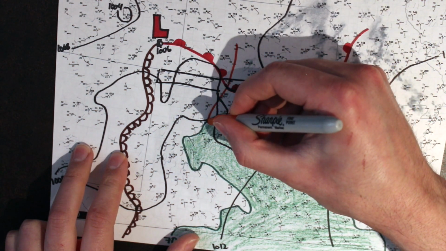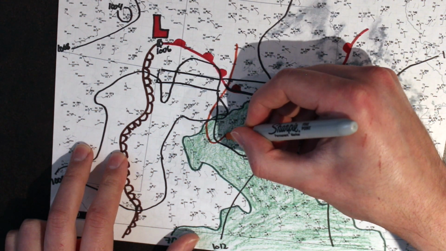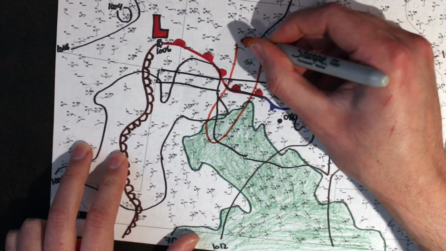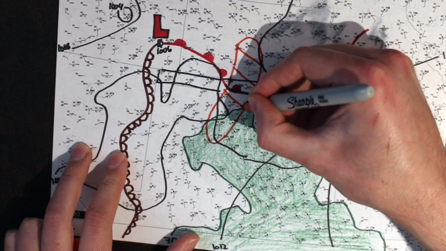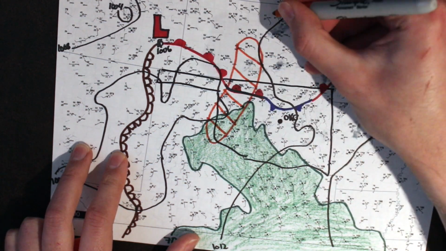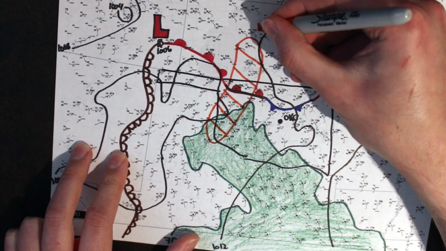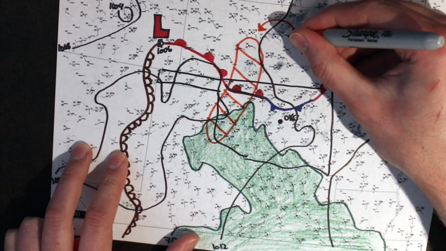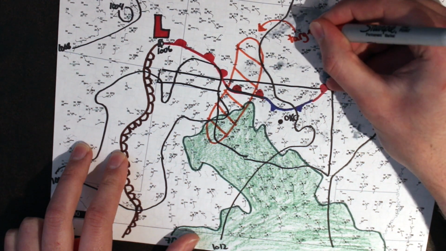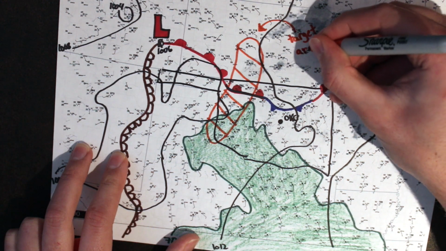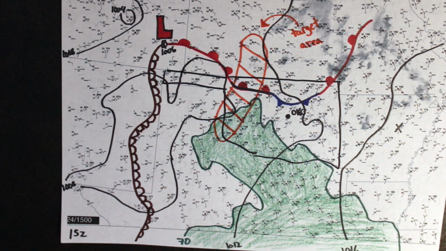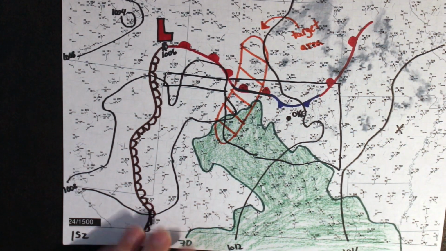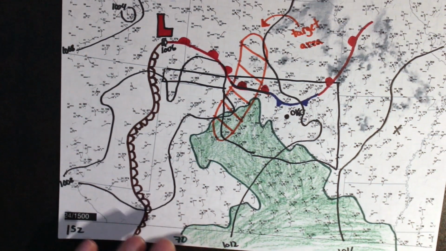Again, this is based on the Storm Prediction Center, but I feel like this is still a valid target area, so we're going to hatch that in. This is the target area from the Storm Prediction Center. Again, nothing has changed since the 12Z.